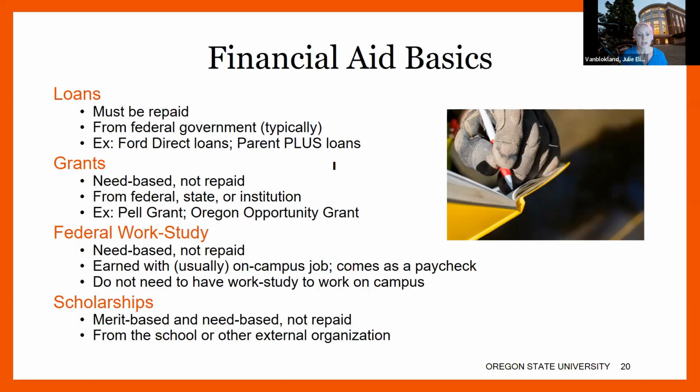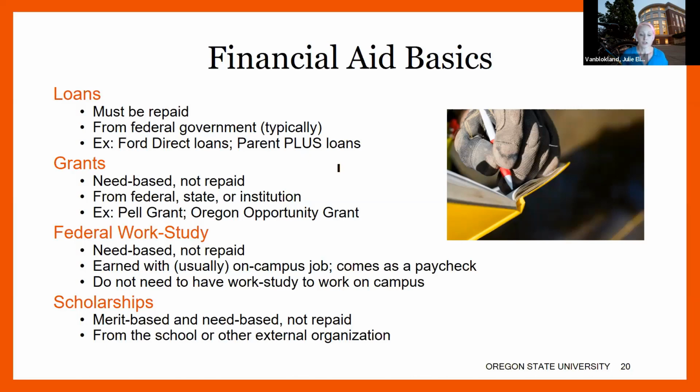There is the need-based federal work study, and that is offered based on the FAFSA application. It does not need to be repaid, but the amount you see on your award letter isn't necessarily the amount you're going to get. You get paid for hours of work. So on the student side, for the most part, it's just like working any other job on campus.